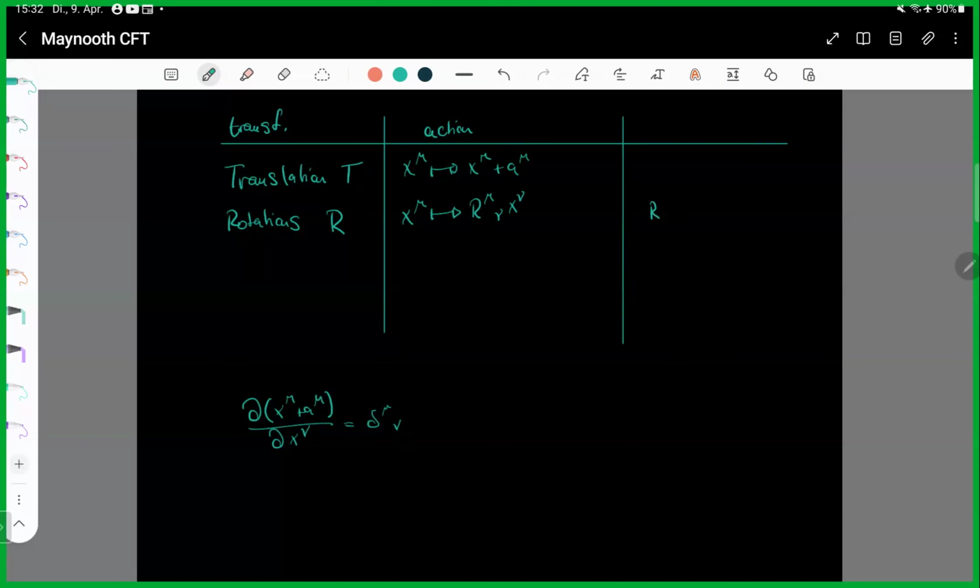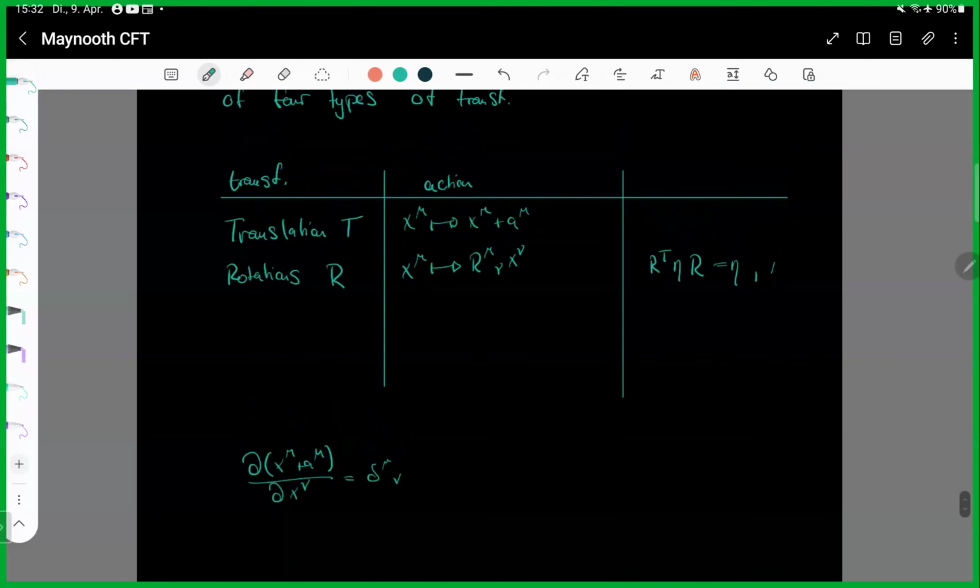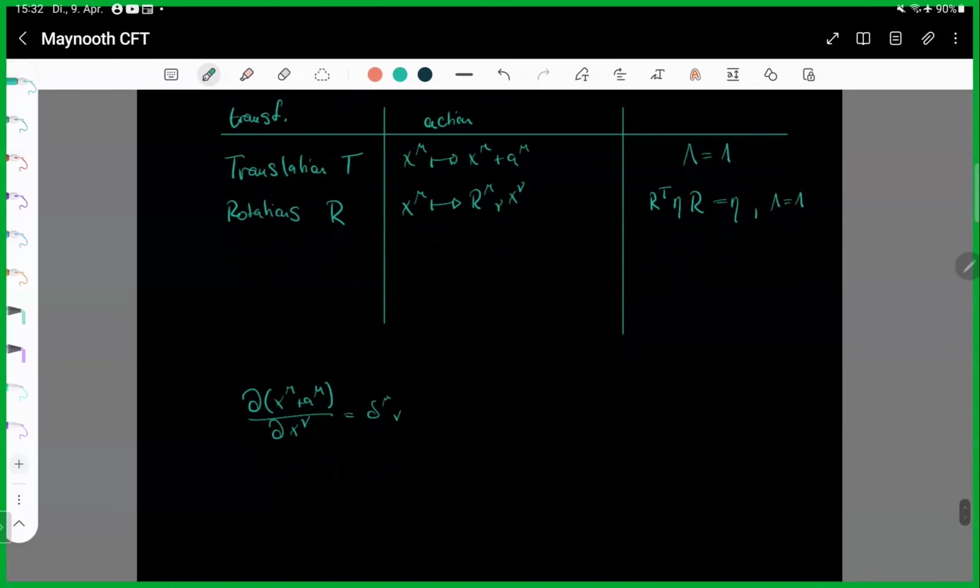As a matrix equation, what you get is r transpose eta r equals eta. This is what a rotation does. So the metric doesn't rescale. Distances don't become different, they stay the same. It's just that they're being rotated. So this means lambda is 1. Here we also had lambda being 1 by virtue of this.